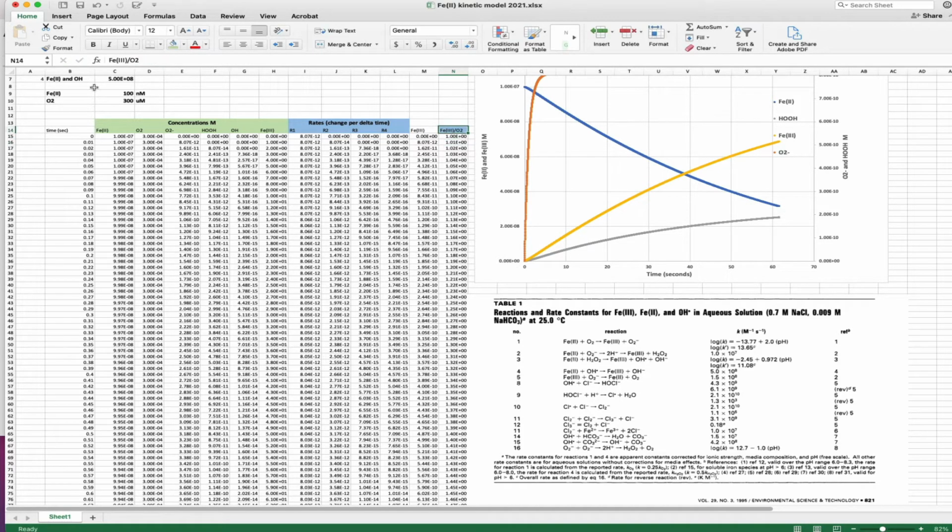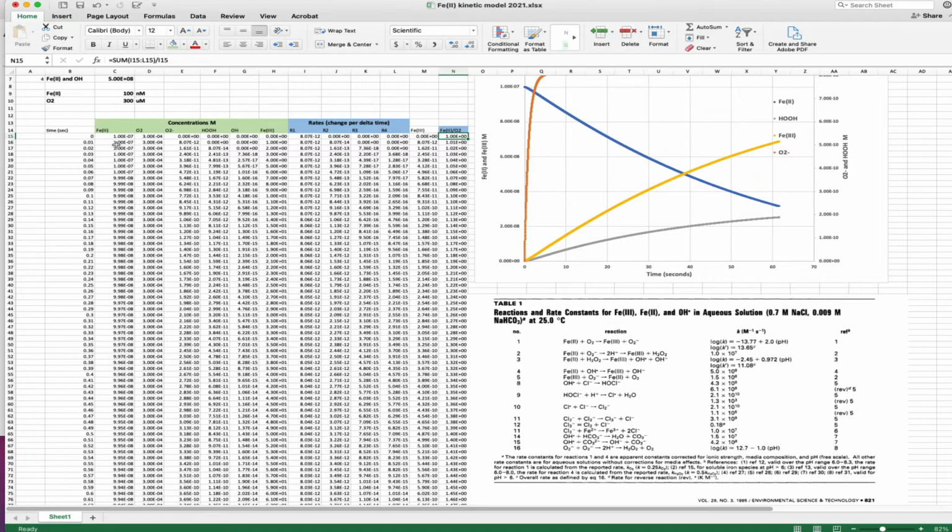And I've got a typo here, so let's fix that. There we go. Iron 2 to oxygen. So we said that the observed stoichiometry is 4:1. It is, but only when you have a significant concentration of iron in your system, and that significant concentration has a chance to oxidize and reach steady state.